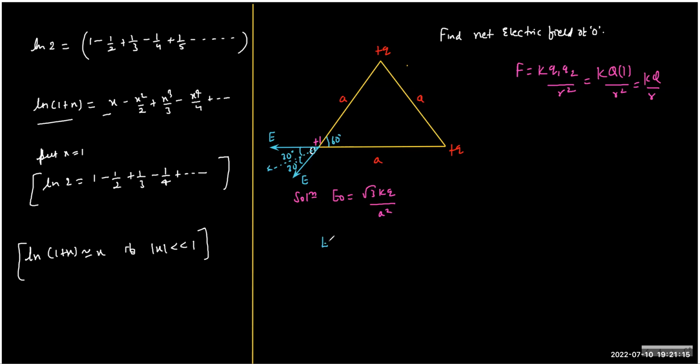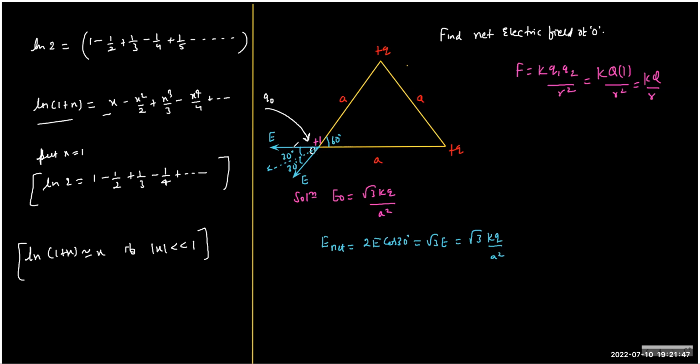So the resultant field is how much? 2E cos 30, which is root 3 into E. E is the field of only one charge. So we have done this before, and I will not repeat much, but just for the sake of writing, we are writing like this. Now imagine if you bring some charge here. Let's say you bring some charge called Q naught.